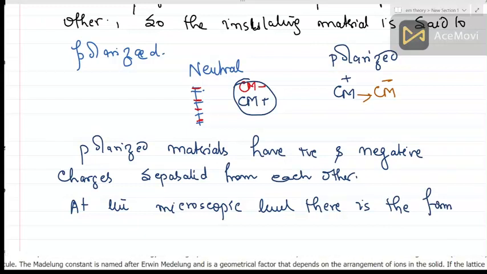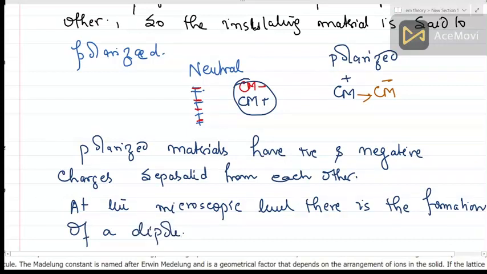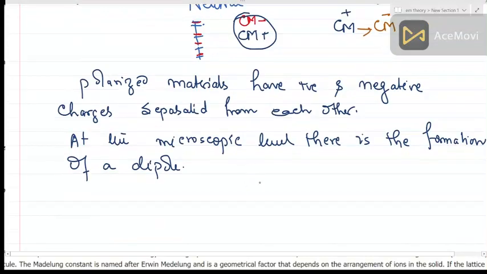At the microscopic level, there is the formation of a dipole.